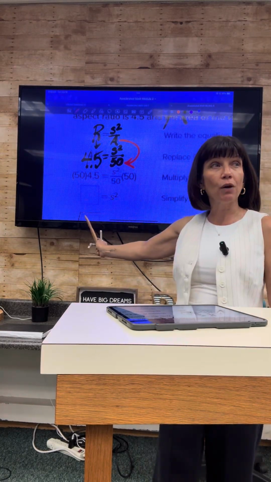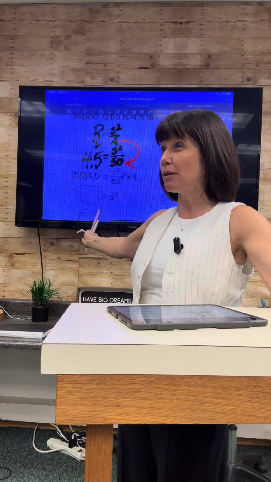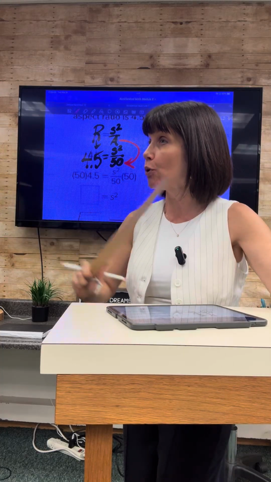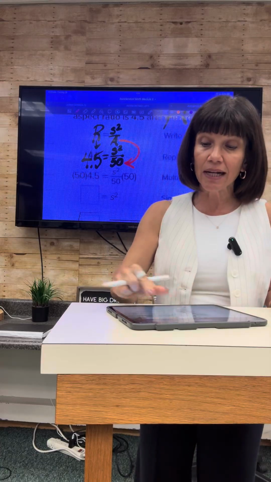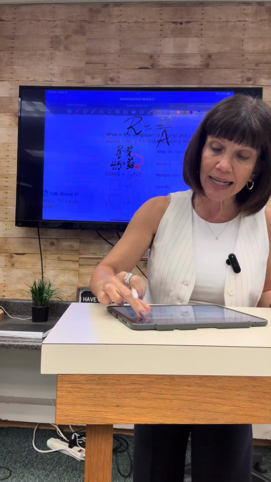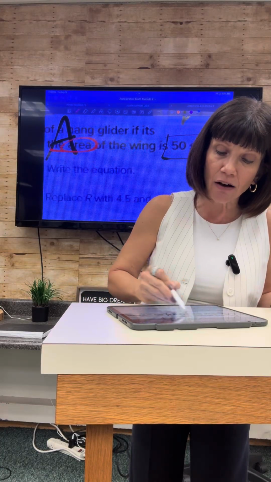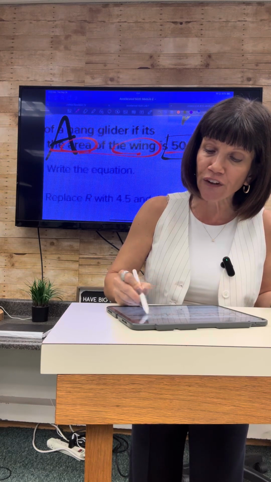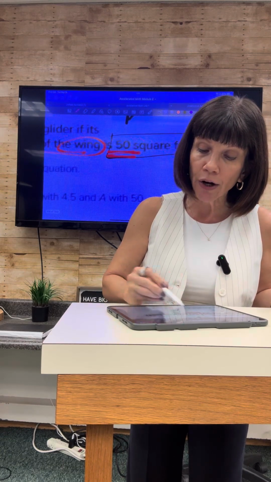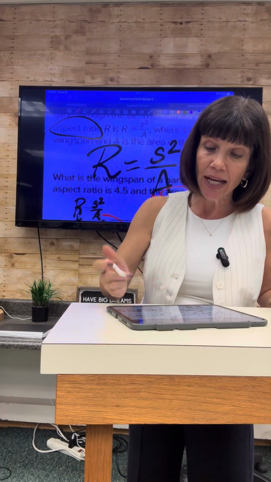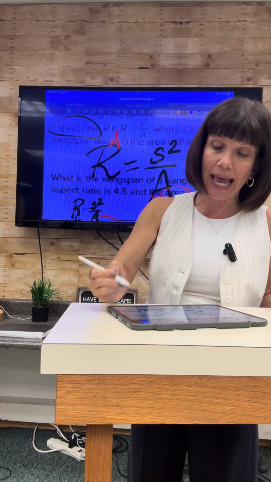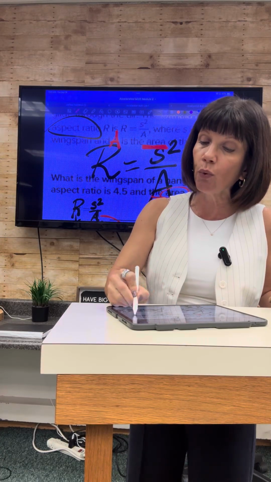Are you all understanding where I got my numbers and why I placed them where I did? No. Which number or letter are you not understanding? 50. Okay, because up in the problem, they said the area of the wing is 50 square feet. And earlier in the explanation, they said the capital A is the area of the wing.